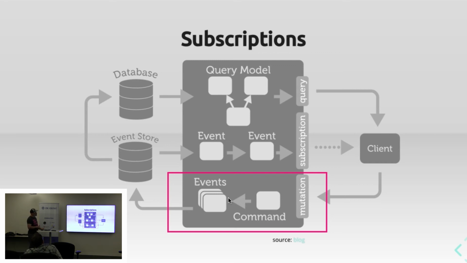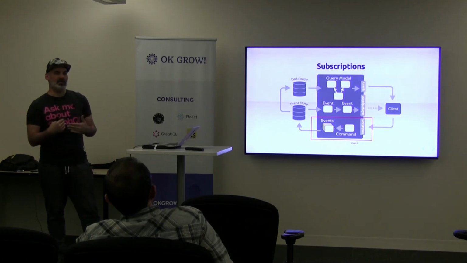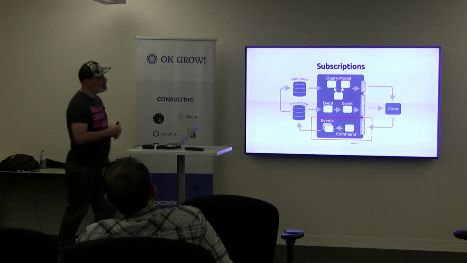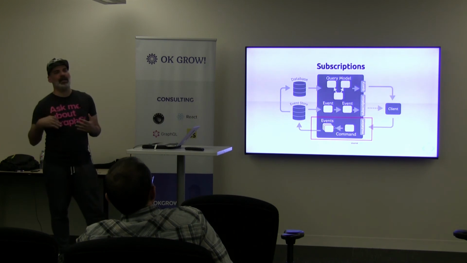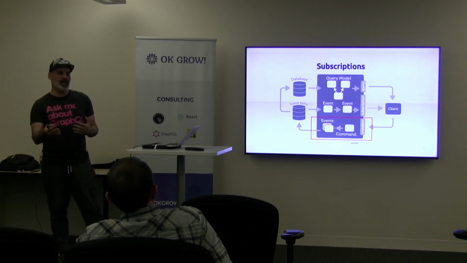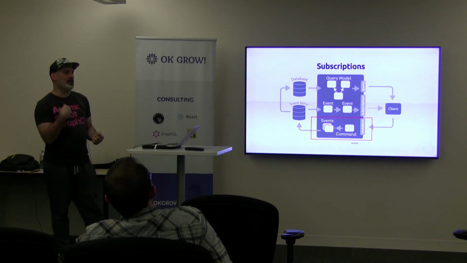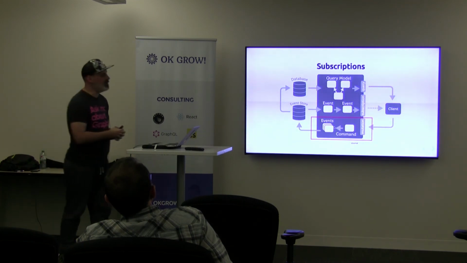The first thing that you will do when you are using subscriptions is send which mutations you want to listen to and receive notifications from. For example, in this application, I want to know when a client adds a new to-do, and I want to receive a notification with the body of that new to-do, so I can update my UI.